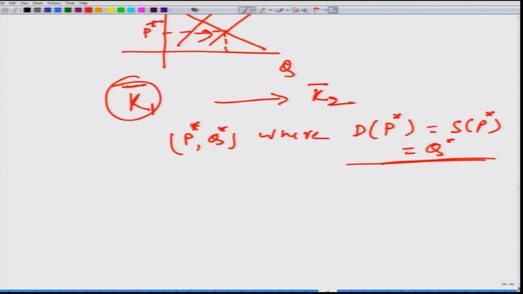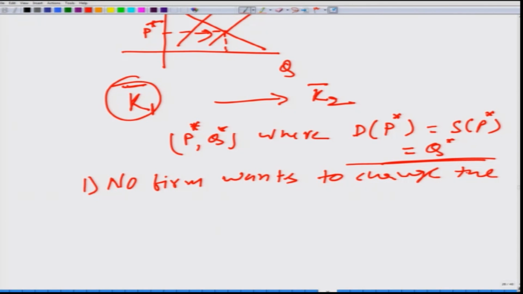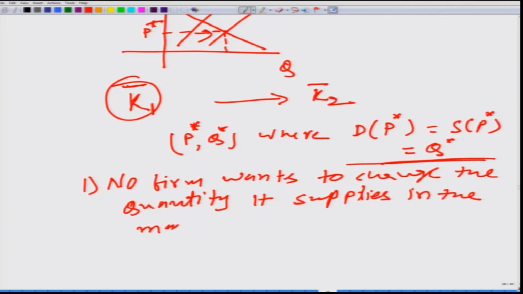What should we say? In the long run equilibrium, first, no firm wants to change the quantity it supplies in the market. Second, no consumer would like to change the quantity demanded.